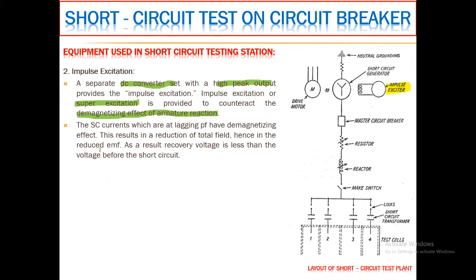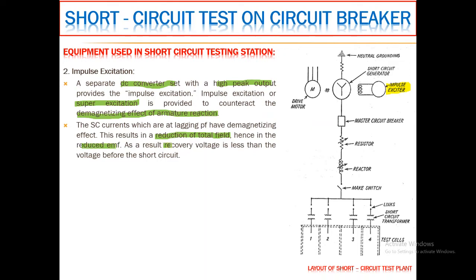Why? Because the short circuit currents, which are at a lagging power factor, have a demagnetizing effect, and you know that this demagnetizing effect will result in a reduction of the total field. So what exactly happens? As the field gets reduced, flux gets reduced, and it reduces the EMF.